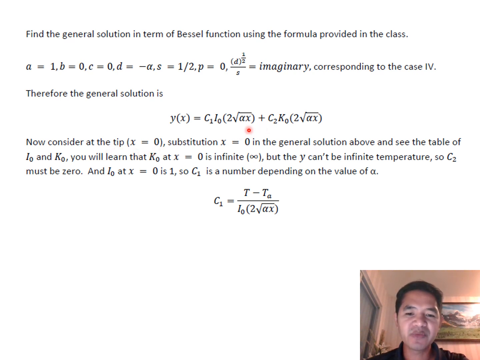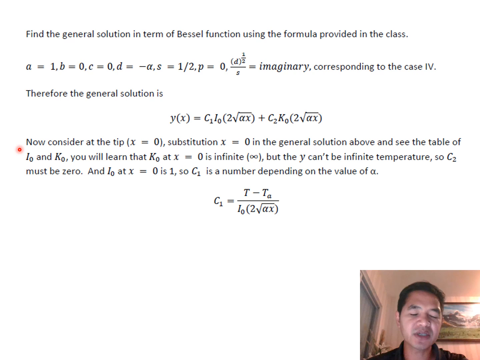When we substitute x with 0, it's going to be K0 of 0 and I0 of 0. So for the general solution above, see the table of I0 of 0 and K0 of 0.